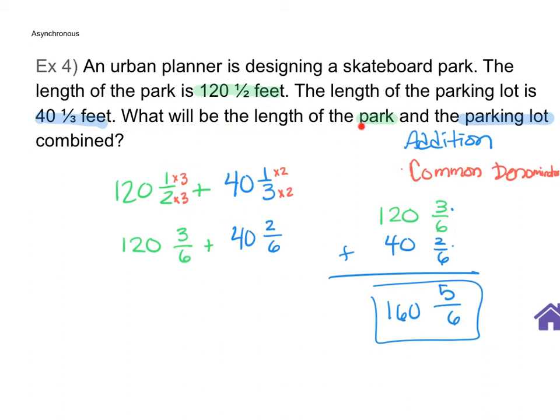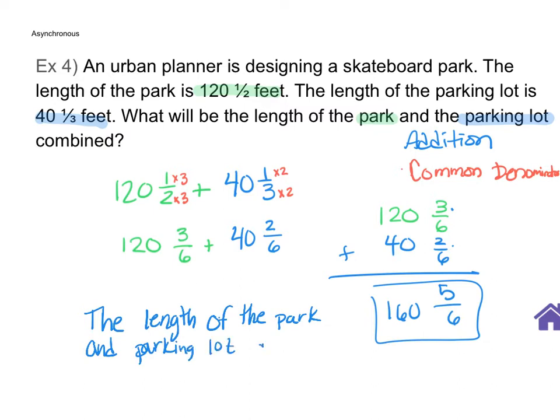It says, what will the length of the park and the parking lot be combined? So I'm going to answer that just like you would answer in real life. So I would say, the length of the park and parking lot combined will be 160 and 5/6 feet long.